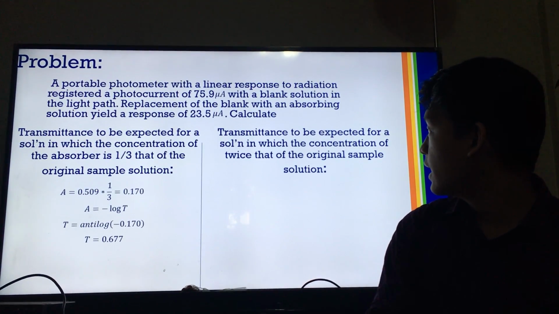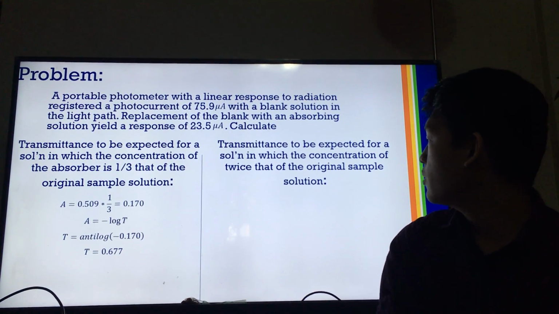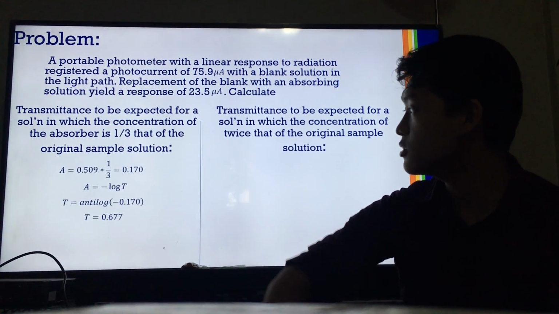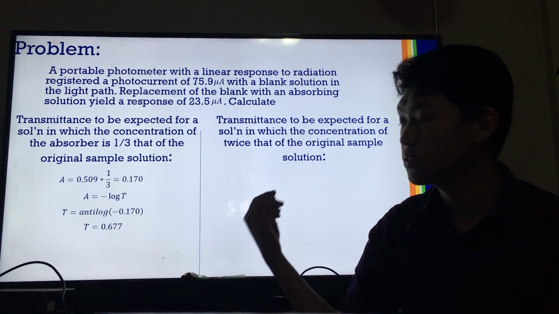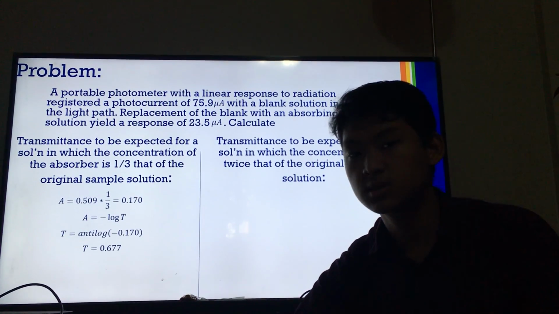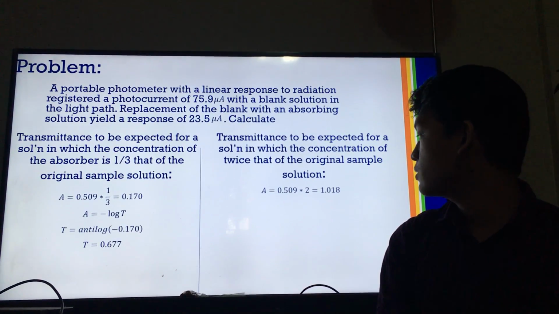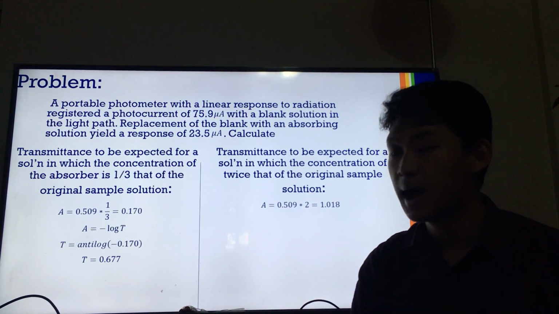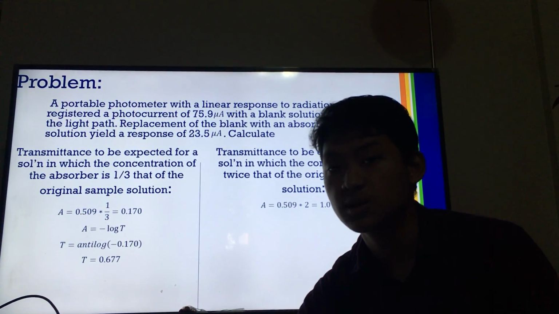Now here, it wants us to calculate the transmittance to be expected for a solution wherein the concentration is twice that of the original sample solution. So the same concept, however here, it is now twice the concentration. Now that we know the relationship between the concentration and the absorbance, we would just be multiplying the absorbance of 0.509 by 2, and we will have now the absorbance of the expected solution, which is twice the concentration, to be 1.018.